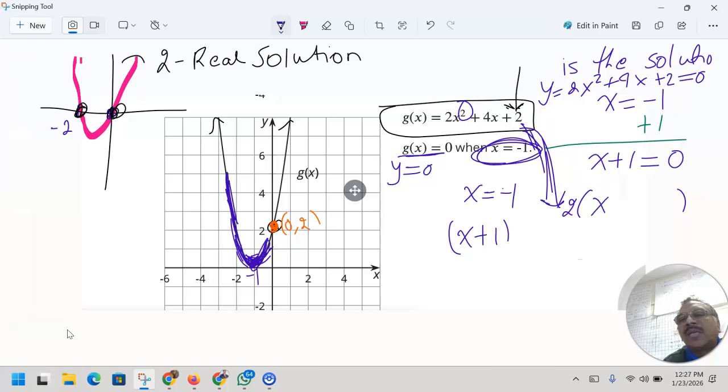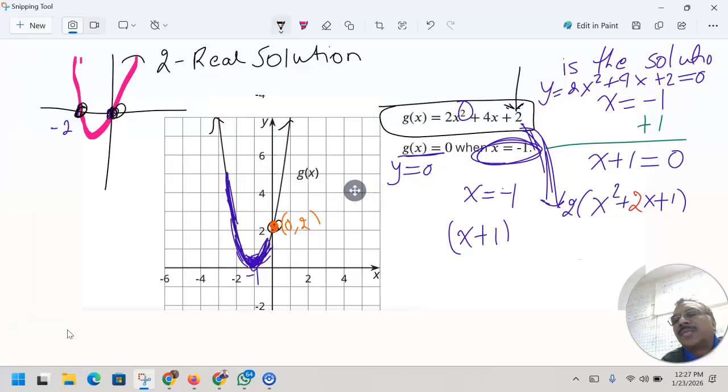So what stays is x squared plus 2x plus 1. Okay, I made a mistake, this should be 2x. So that is a perfect trinomial.